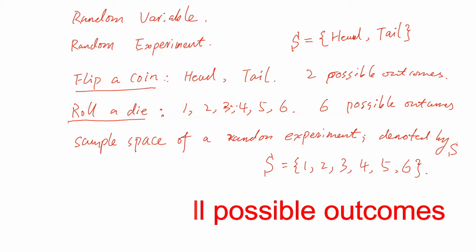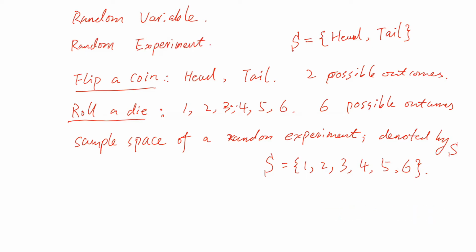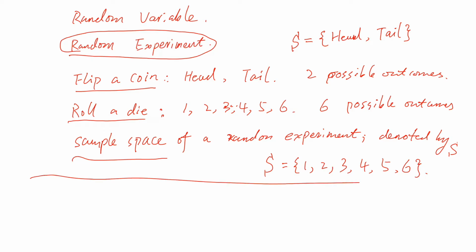All right, so we introduced the concept of random experiment. It is a process or procedure that has more than one possible outcomes. And the sample space of a random experiment is a set consisting of all possible outcomes. Now, we're ready to talk about the random variable. So, what is a random variable?